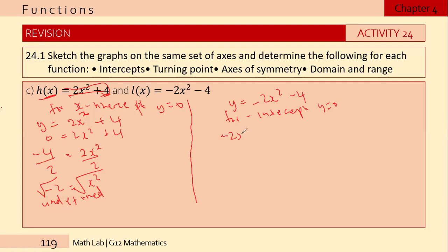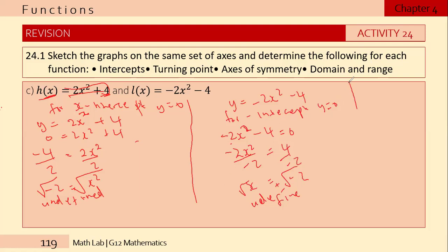So minus 2x squared minus 4 equals 0. Let me transpose this one. So it's minus 2x squared equals 4, and then divide by minus 2, x squared equals minus 2. Square root, plus or minus there. This one also gives us undefined. So it means these two graphs don't intersect with the x-axis.